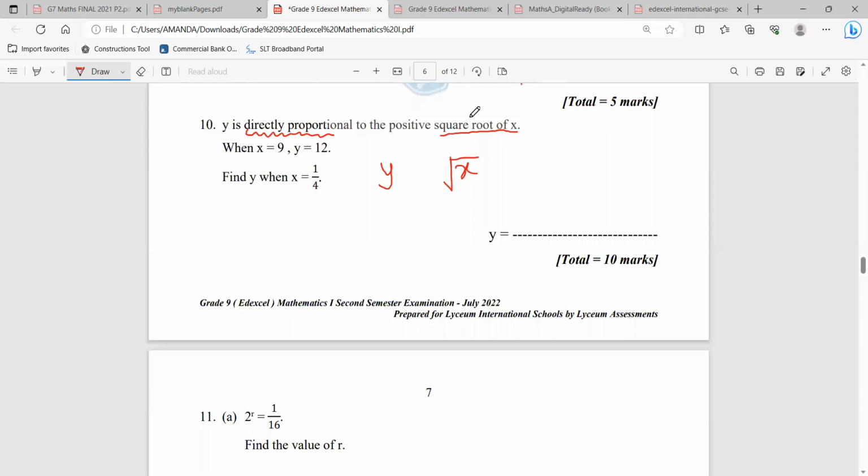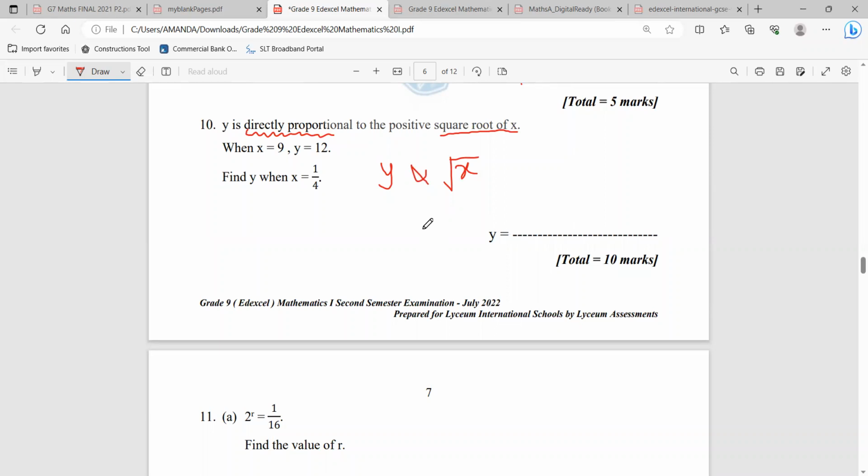When they say directly proportional, that means when you increase y, the square root of x will also increase. It will change in the same direction. When you decrease y, the square root of x will also decrease. So you represent it in this way.